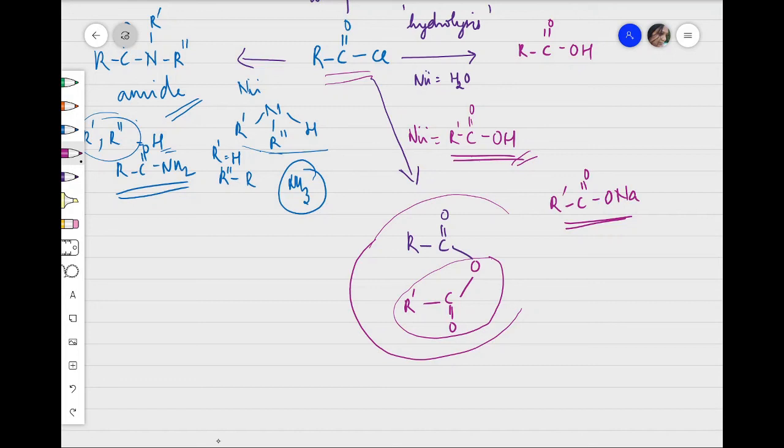All of them involve the substitution of my Cl with the corresponding anion part of my nucleophile. This is what we do in these reactions. So the next set, we have more reactions, which I'll discuss in the next lecture. Thank you.